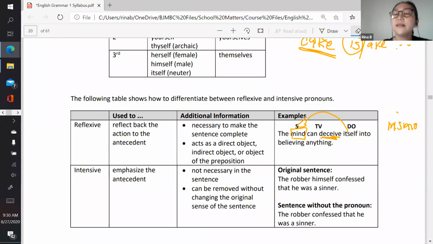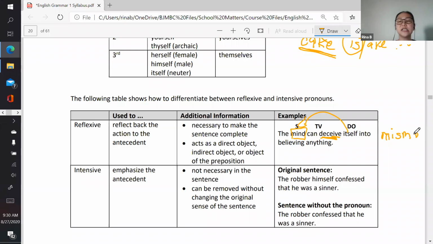Sorry, let me write that more clearer. Okay. Mismo. So, if we say in Tagalog, ako mismo ang gagawa niyan. Yeah?